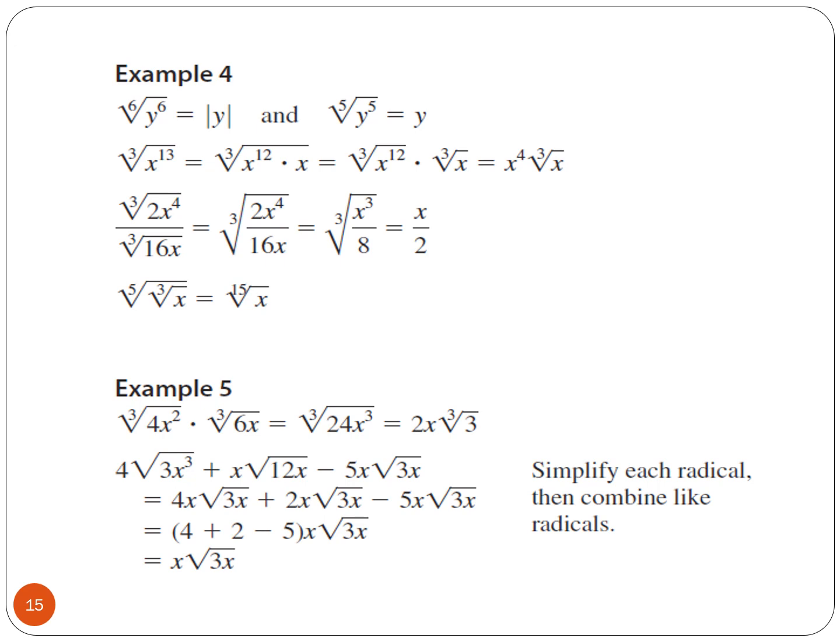Here is a problem that uses the division of radicals. This is the cube root of 2x to the 4 divided by the cube root of 16x. Now you can write them under the same radical. This is the cube root of 2x to the 4 divided by 16x. You can cancel out the common factors. Cancel the x from both numerator and denominator, and cancel the 2.